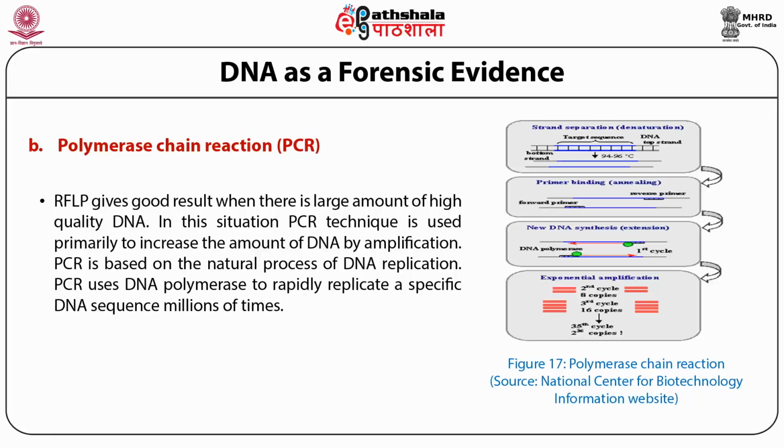In this situation, the PCR technique is used primarily to increase the amount of DNA by amplification. PCR is based on a natural process of DNA replication. PCR uses DNA polymerase to rapidly replicate a specific DNA sequence millions of times.